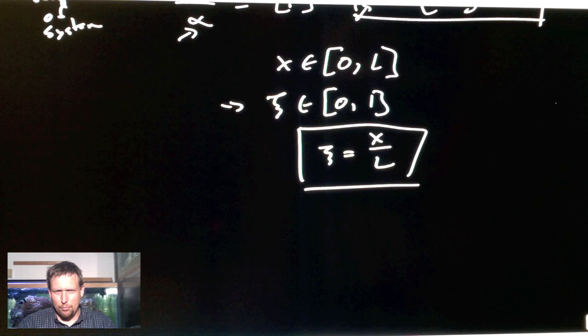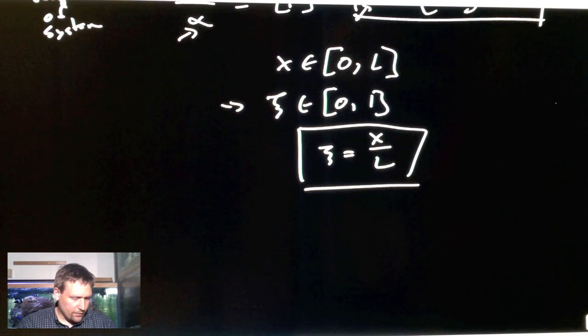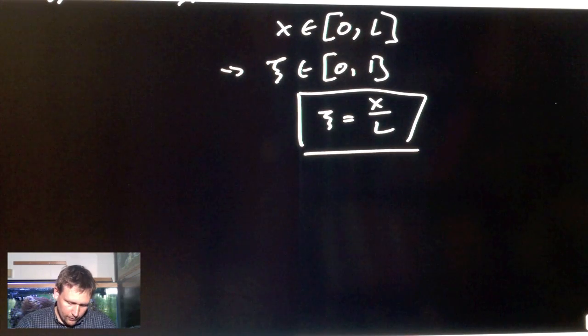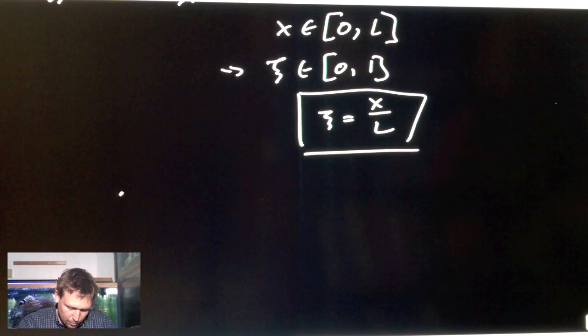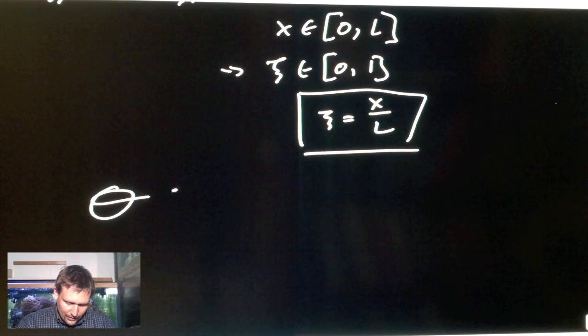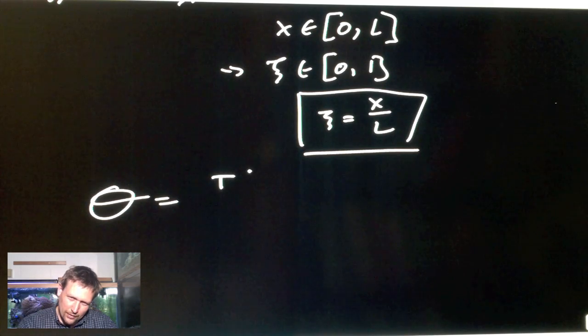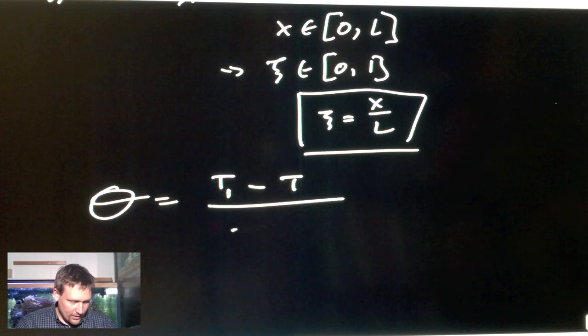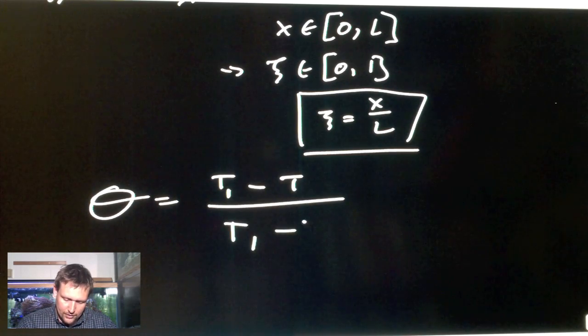Now we need the last one, for temperature. There are a number of appropriate choices for temperature, but one of them makes the problem significantly easier to solve, and that is the following. If we define our dimensionless temperature parameter theta, the one that makes the most sense, I'll tell you in a minute why, it's because of the boundary conditions: theta equals T1 minus T divided by T1 minus T0.